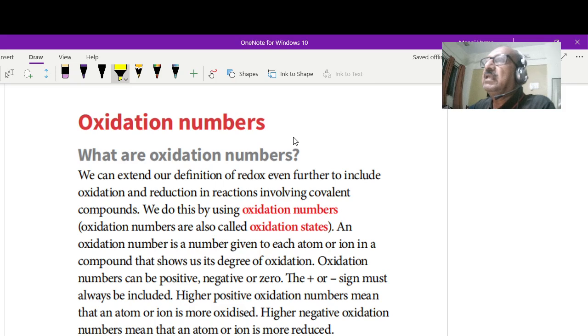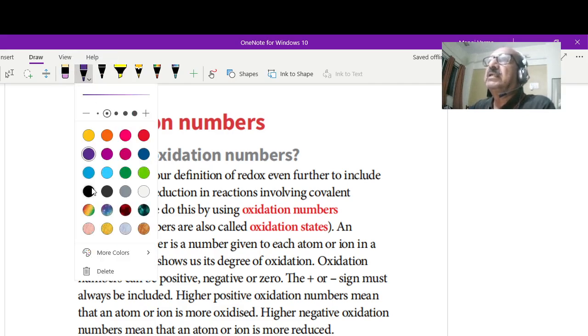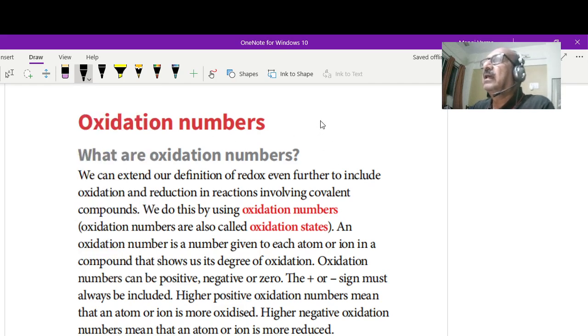So basically, what do we understand by oxidation number? Oxidation number refers to the charge that either is quite obvious for an element or sometimes is not obvious. Let me explain this with an example. Suppose we write NaCl.